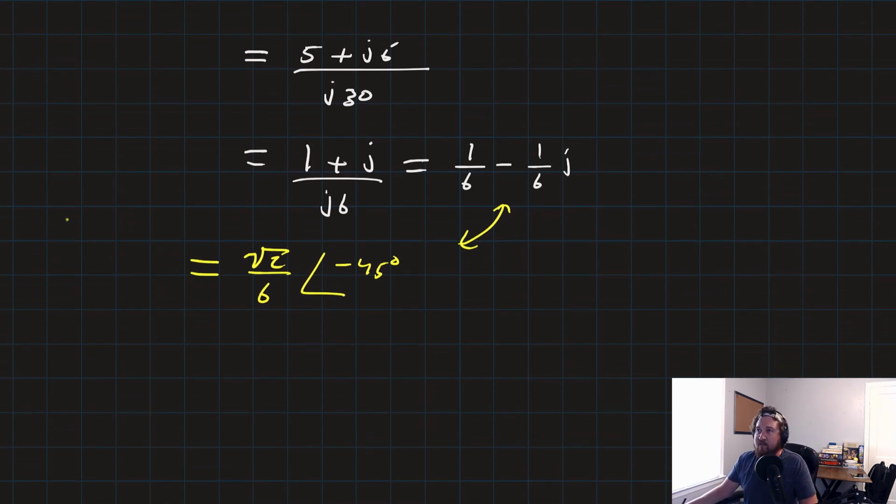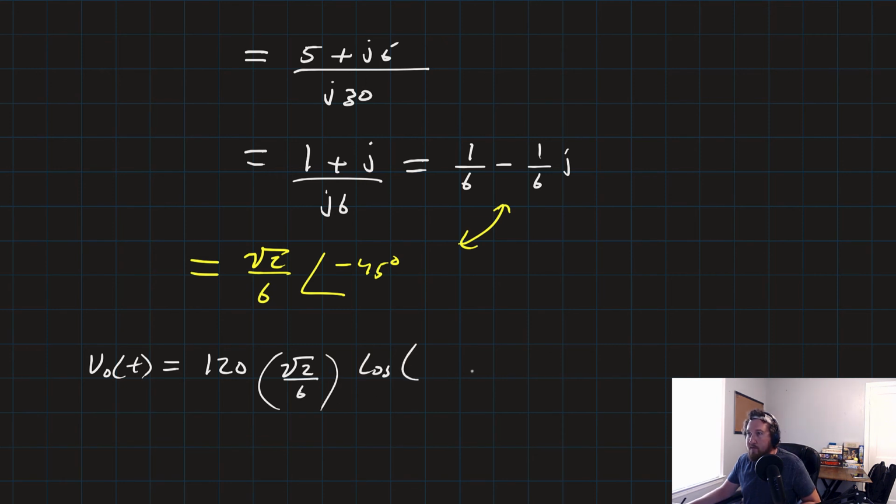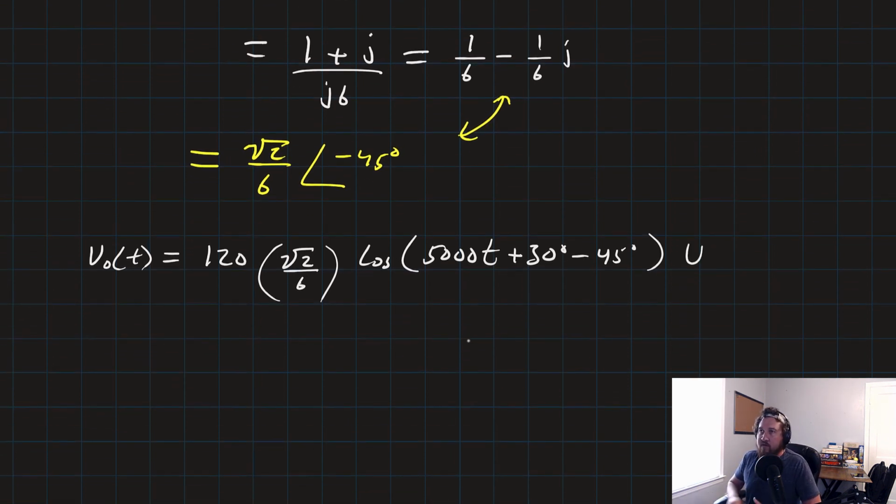Now we're ready to get our final answer here, which is that our steady state V out of t is equal to 120 times the magnitude, which was square root of 2 over 6, times the cosine of 5,000t plus 30 degrees minus our 45 degrees from our response, and that's given in volts, which means that the final answer for this example is our steady state response.